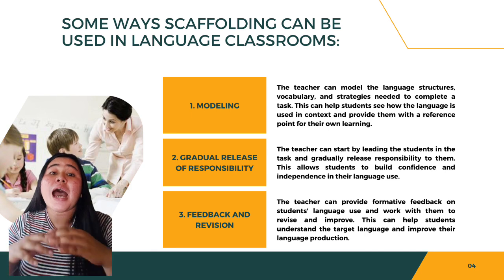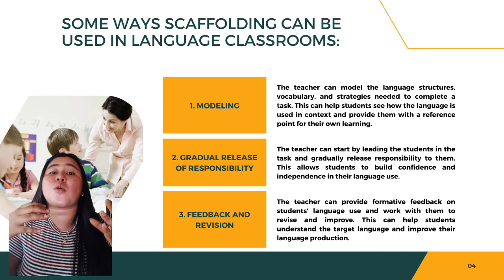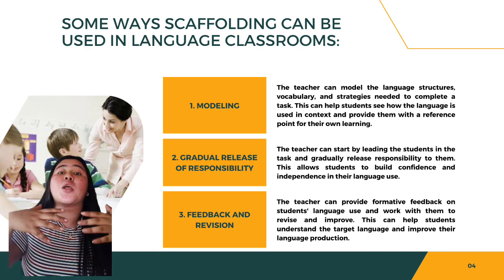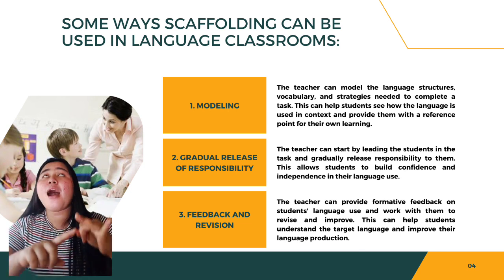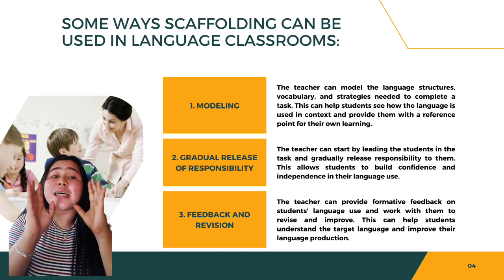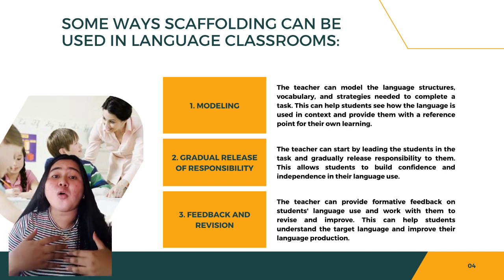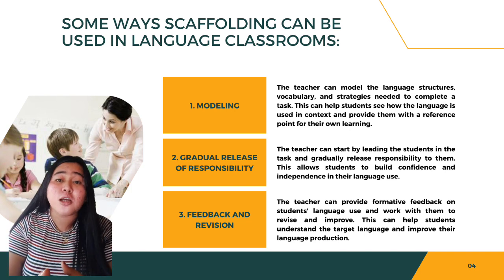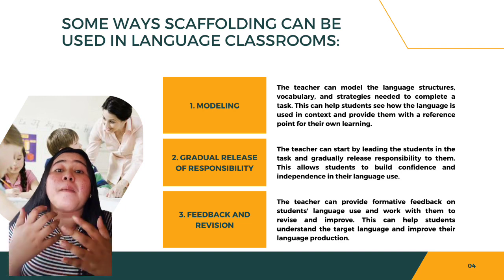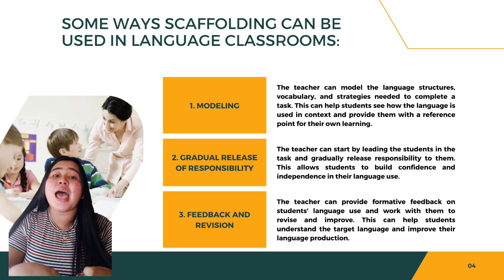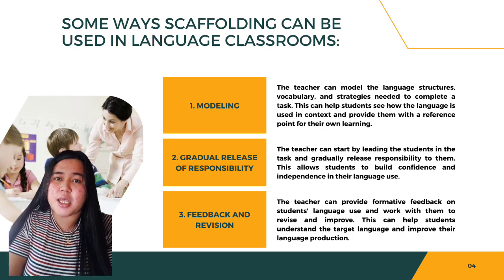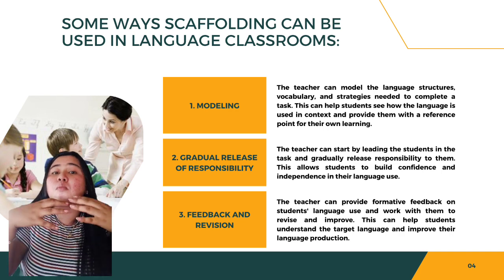For example, a teacher may model how to write a persuasive essay by demonstrating how to write an introduction, body paragraph, and a conclusion. The teacher can also use explicit instruction to teach the language features of a text type, like identifying the language features in an advertisement. So that is an example of modeling.